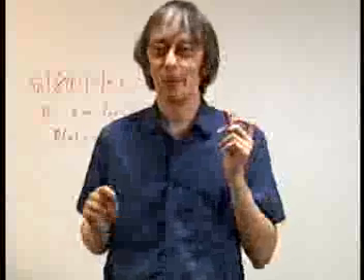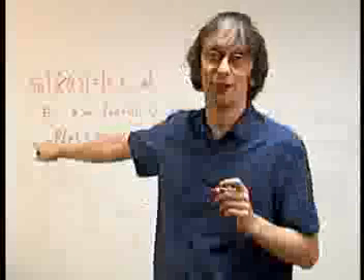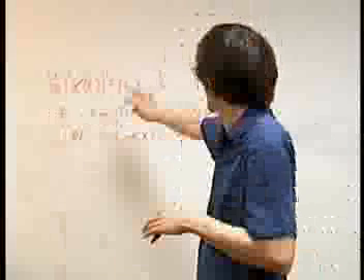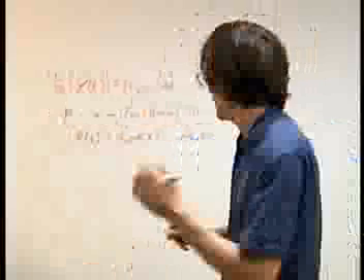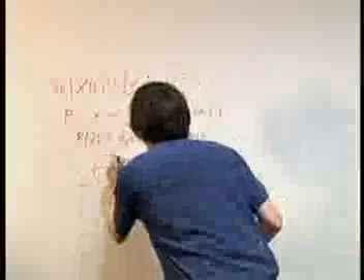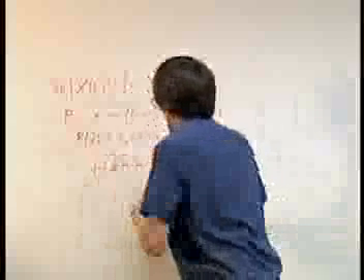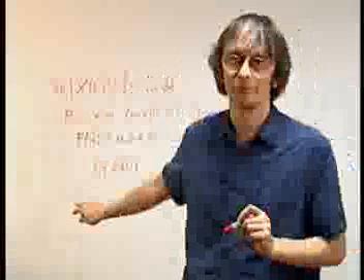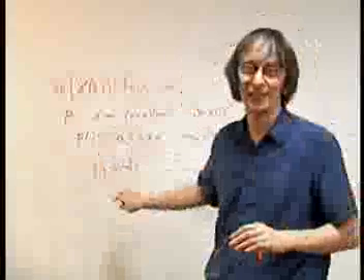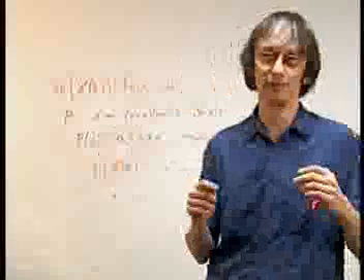Now, since p is a function that's defined for all elements of the spectrum of x, in fact it's defined for all real numbers, p of x of t must be an observable. And it's easy to find out what observable it is if we first work out its spectrum.